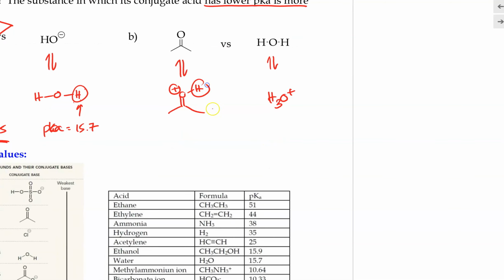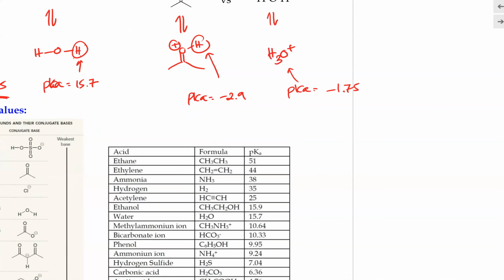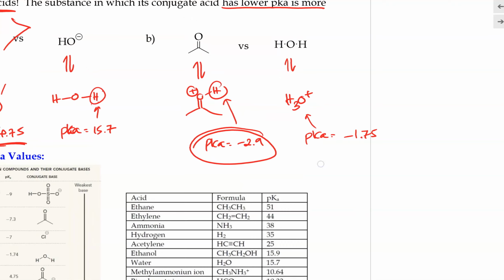This pKa value right here, when we look it up, is equal to negative 2.9, versus the pKa of the hydronium ion, which is negative 1.75. So in this case, we will see this has a lower pKa. So this conjugate acid has a lower pKa, meaning that this base right here will be more stable than this base.